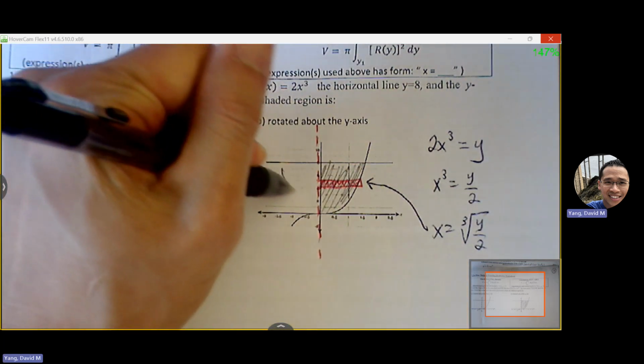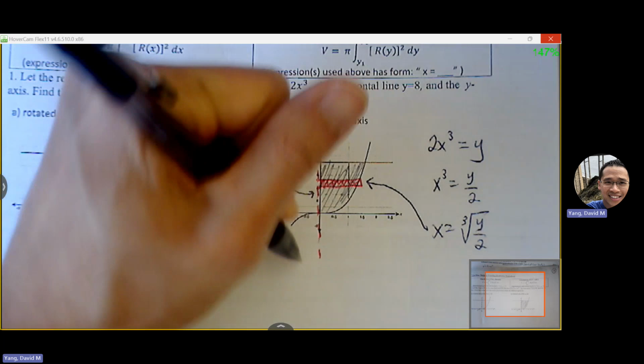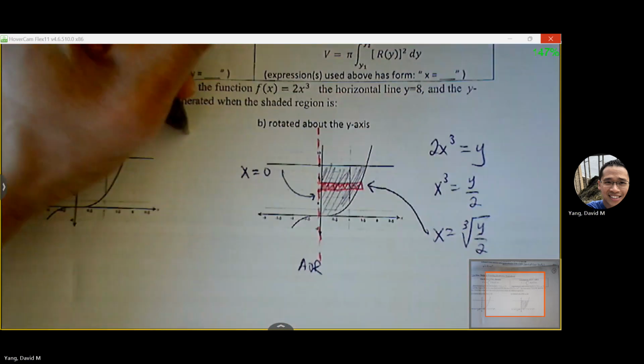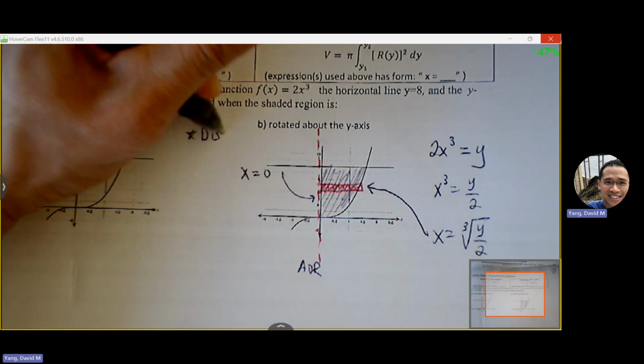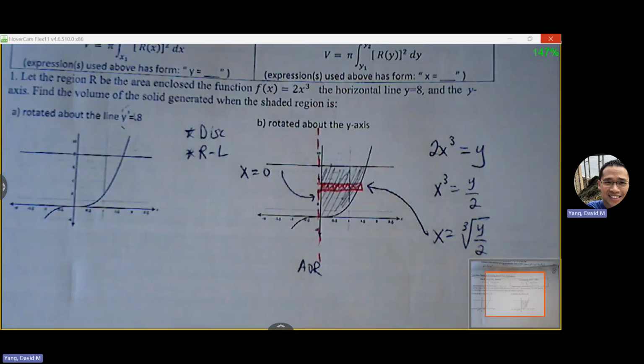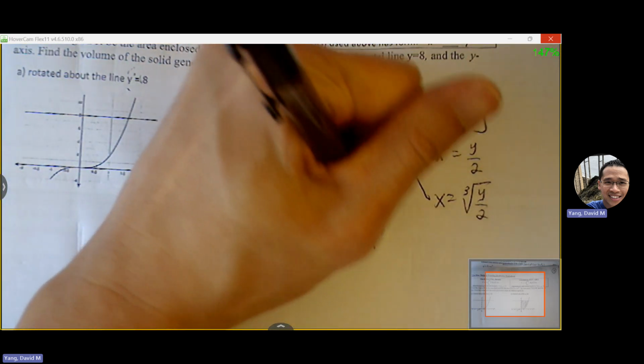Now we have something that is fit for that curve. And we know that the other boundary is x equals 0, which is also our axis of revolution. So this is disk method. This is right minus left. And we can build our radius.